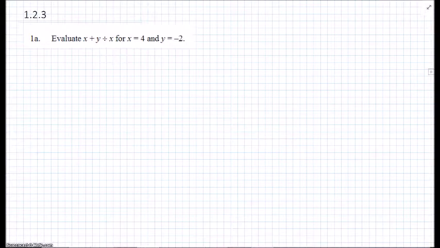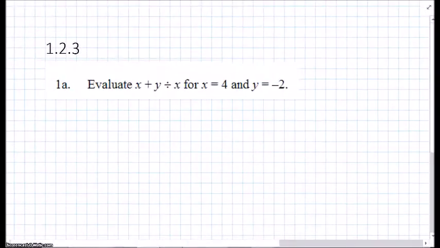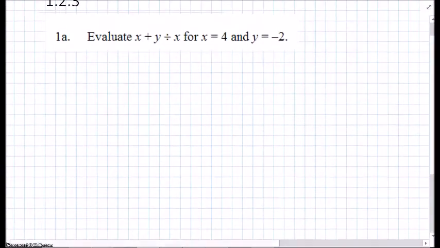Evaluate x plus y divided by y for x equals 4 and y equals -2. Our x value is 4, so we're just going to plug it in. So that'd be 4 plus, what's our y value? -2 divided by, what's our x value? 4.